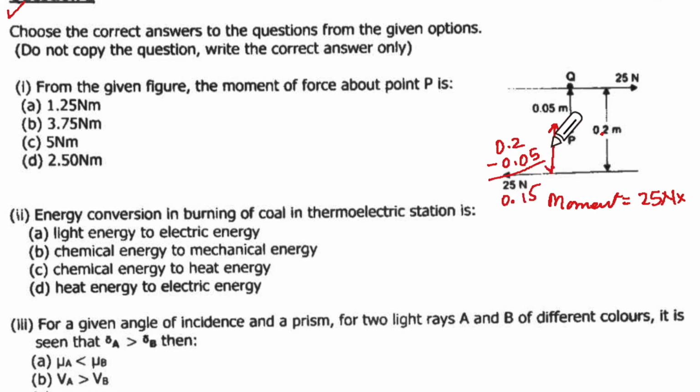Are you understanding this part? So it will be this force into this distance, this force into this distance, or when you take 25 common into bracket, you will get this, that is 0.2 meter. So it will become 25 into 2 means 50. So 5.0 Newton meter. This 5.0, this one. So it is C.